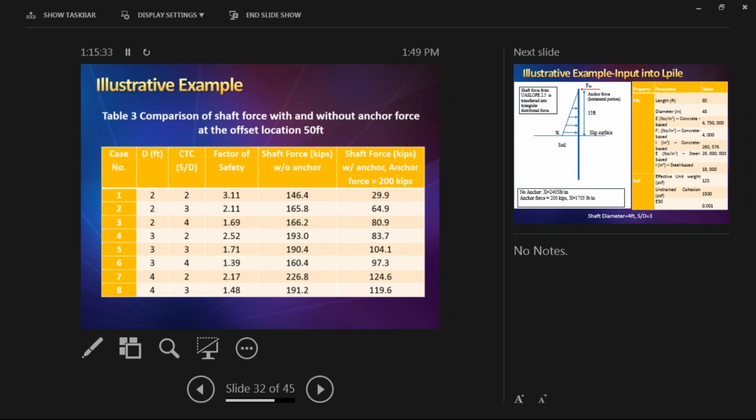One of the advantages or benefits, you could call it, of using anchor is that it significantly reduces the force onto the shaft compared to the one without the anchor.